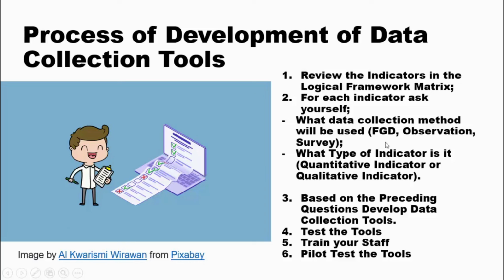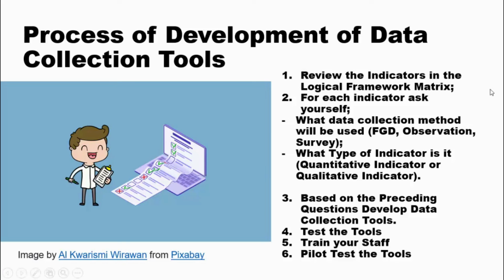The reason is that the questions you ask are usually open-ended, and the answers they give you will also be open-ended. So when you determine the type of indicator, it helps you establish what kind of method to use to collect, and it may also give you an idea of what you are going to face in future.